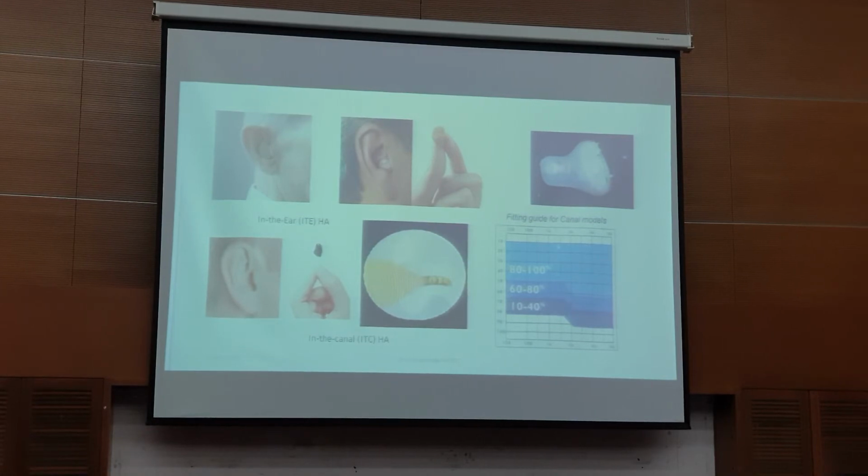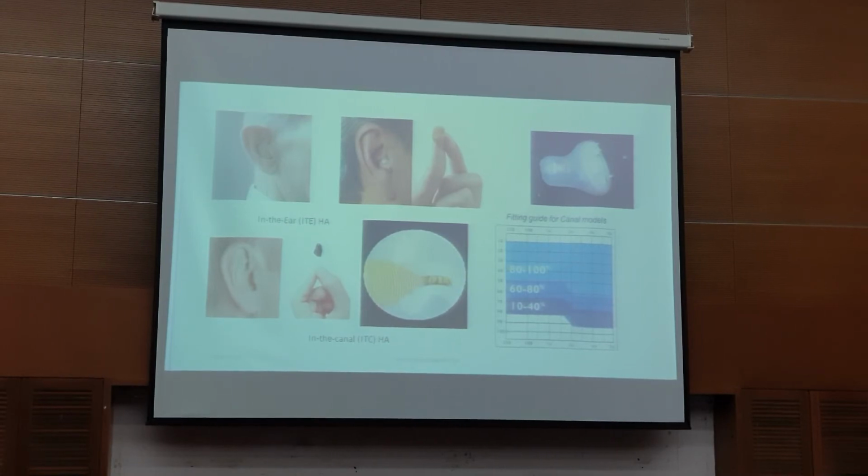and this is sort of a fitting guide for the canal model. Again, because it's very small and all the electronics are inside the body of that very small hearing aid, it's not suitable for profound losses because you cannot give high gain there.